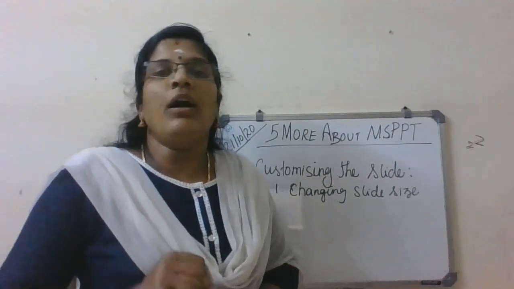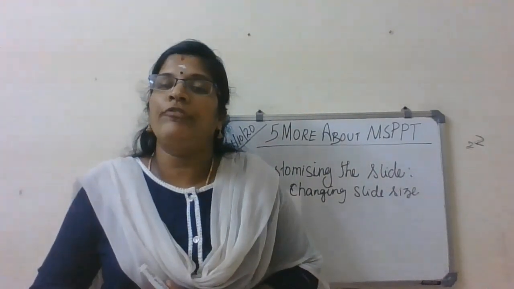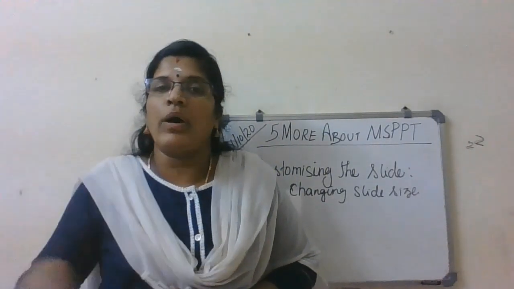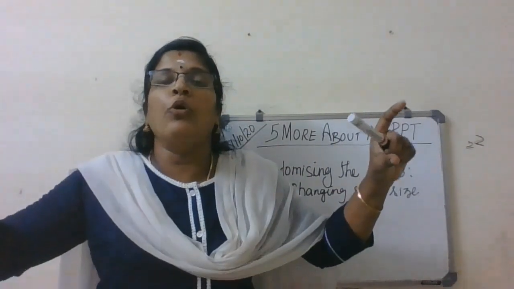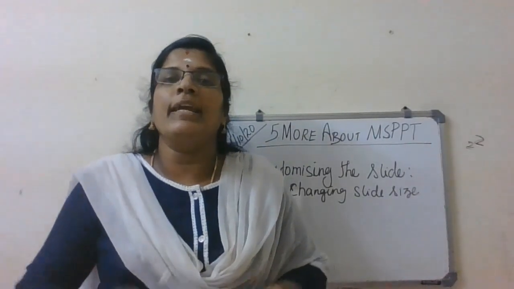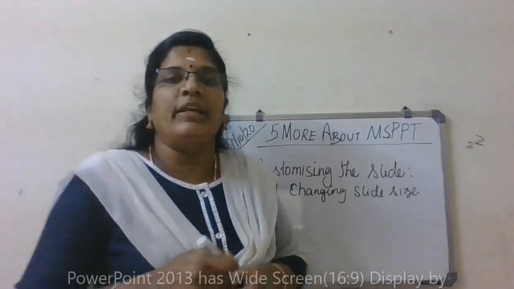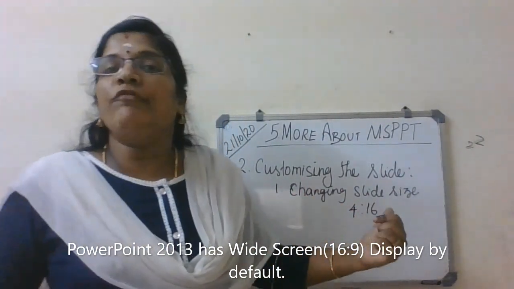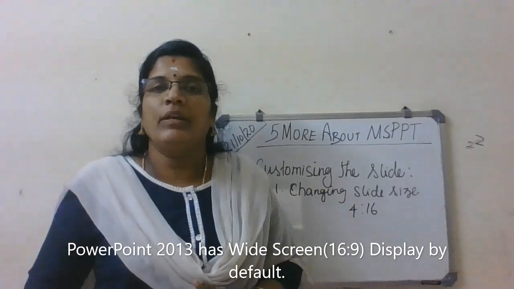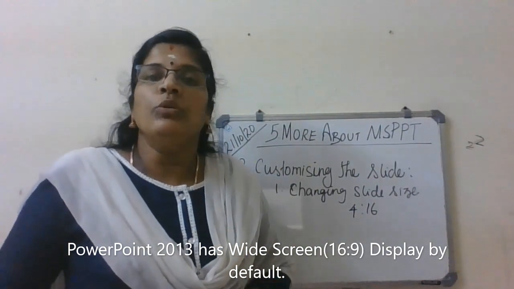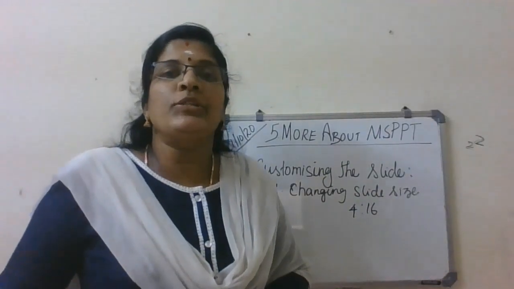So there are two types of slides I have shown. One, it's like a square. Another one, it's like a portrait, rectangle. Do you remember? In Windows 13, it's a portrait. It's a big screen, 4 is to 16 slide. By default, it is 4 is to 16. We can convert it into 2 is to 4.